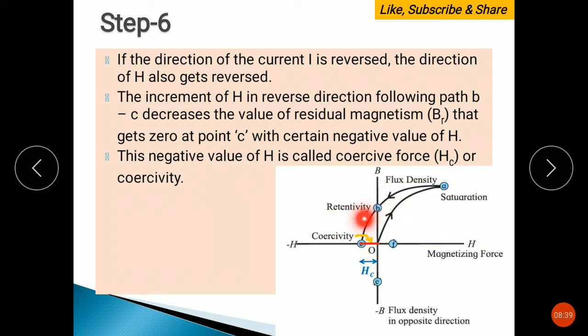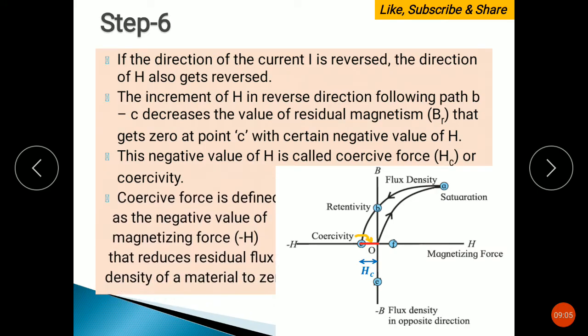So we get point C. When the current is reversed, the path followed by B and H is B to C. At point C, B is 0 but the value of H is negative, and this negative value of H, that is the external magnetic field intensity, is called the coercivity or the coercive force. What is the coercive force?